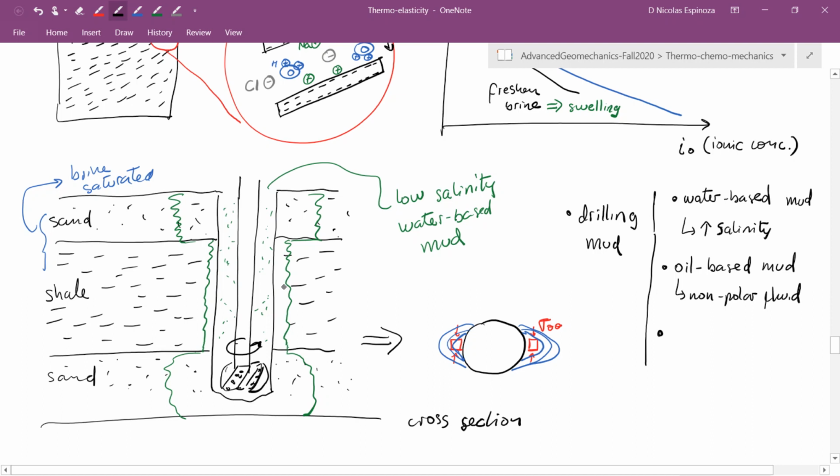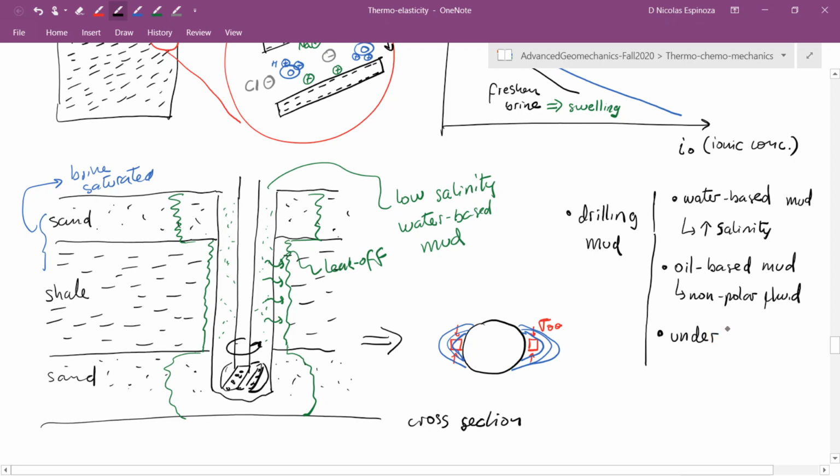So instead of having what we see in this figure, which is a leak-off from the wellbore into the formation, if you want to have the opposite flow from the formation into the wellbore, what you need to do is to drill with a mud that causes a pressure which is lower than the pressure in the formation.